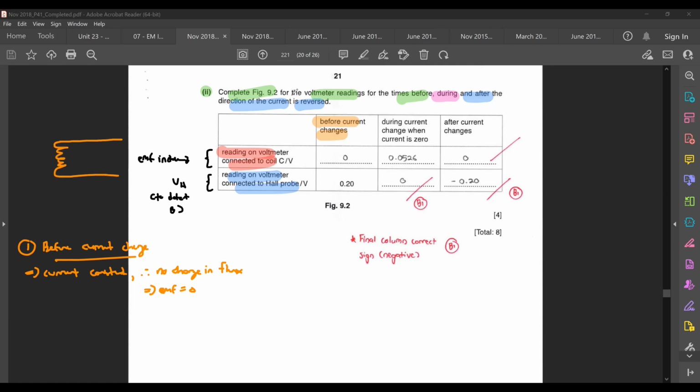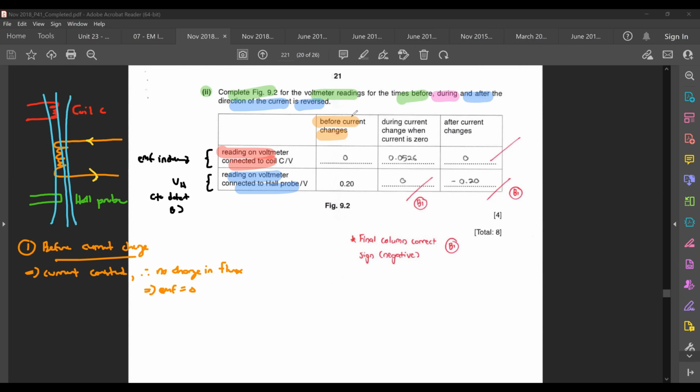You had your solenoid, and then you had your coil C, and then after that you had your Hall probe here. When you had current running through your solenoid like this, you had a magnetic field produced that looks something like this.